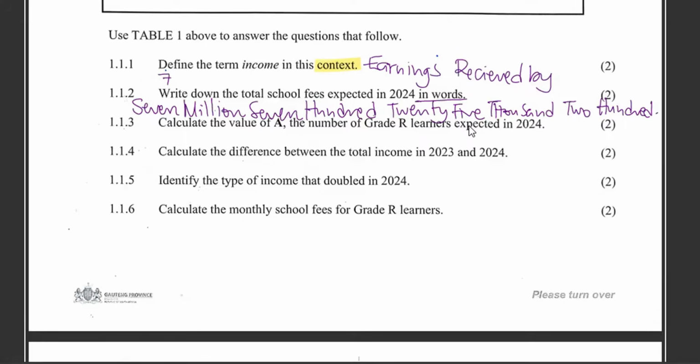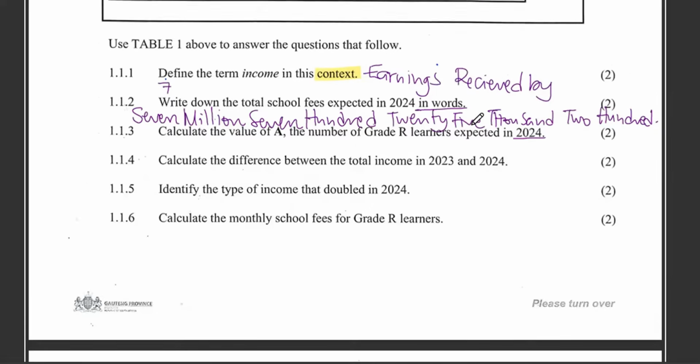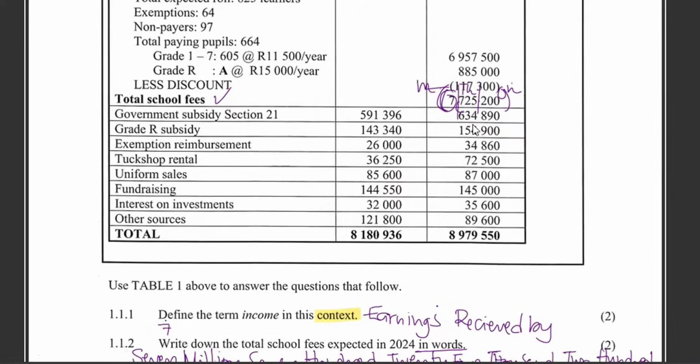They're telling us, calculate the value of A, the number of grade R learners expected in 2024. Let's see, where is A? A is right here. They say each pays 15,000 per year, and at the end of the year they expect this much.